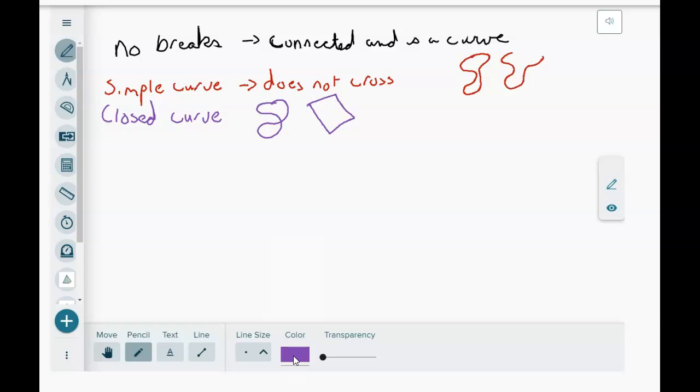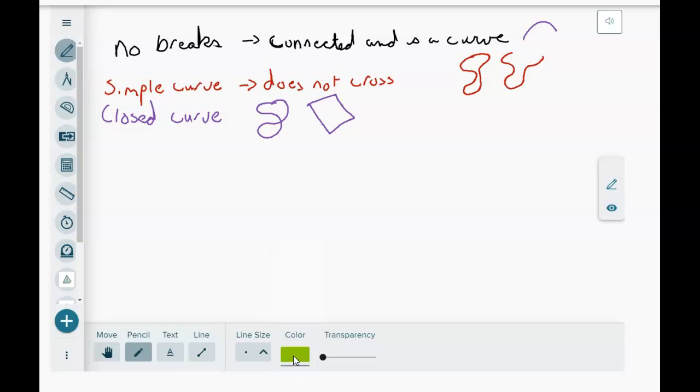And you'll notice that I'm saying curve. Curves are literally just things that are connected. It doesn't actually mean something that we think of as a curve. So we do have to be careful about that type of definition.